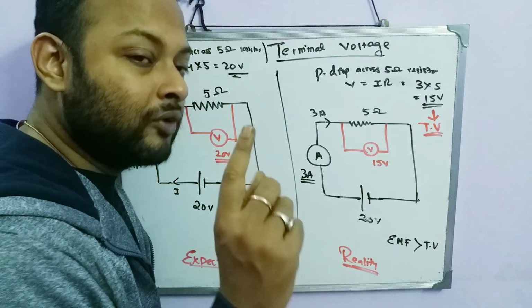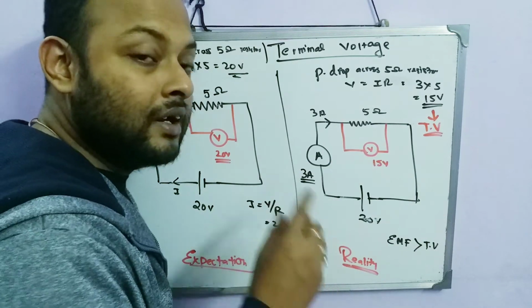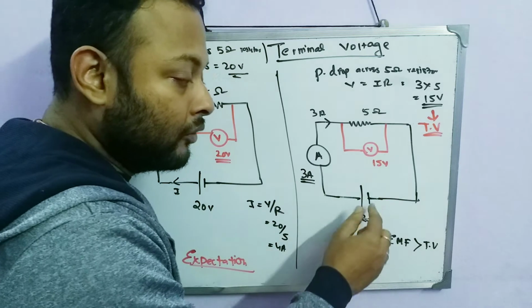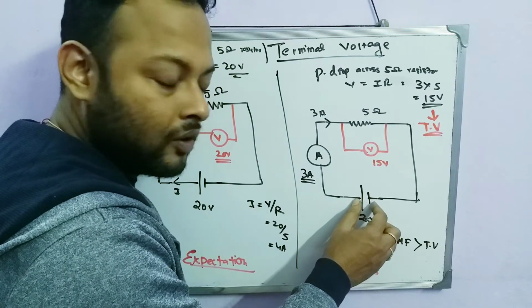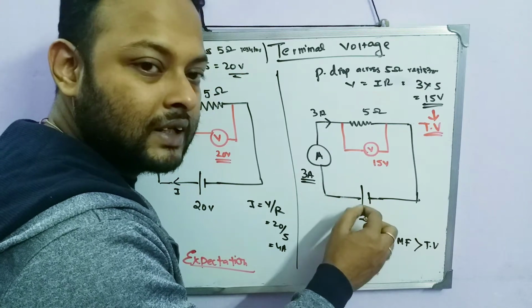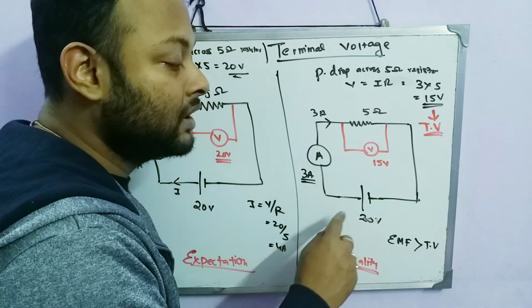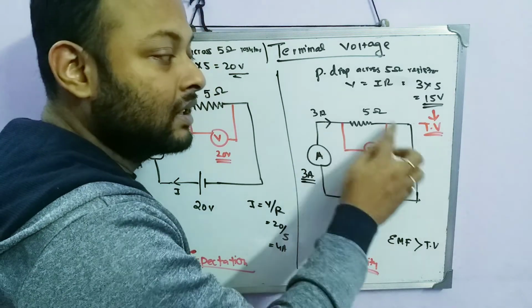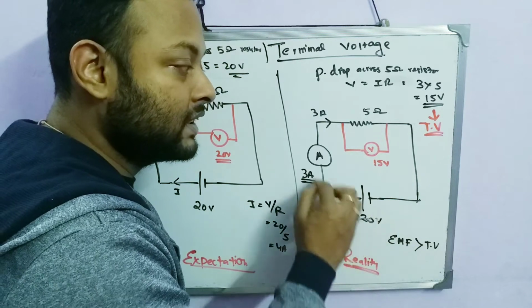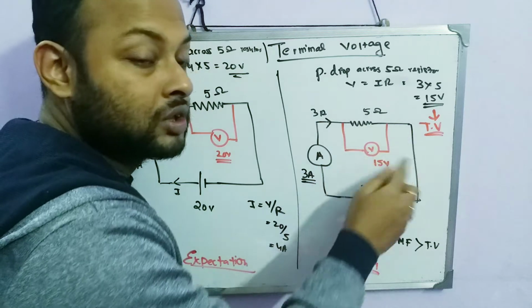And if you compare EMF and terminal voltage, EMF, what I taught you, is the potential difference inside the cell when the circuit was open. Now I am saying terminal voltage is the potential difference in the external circuit when the circuit is closed, not open.